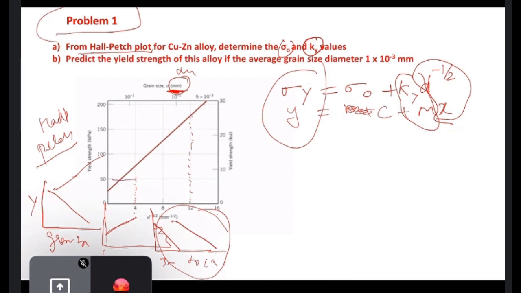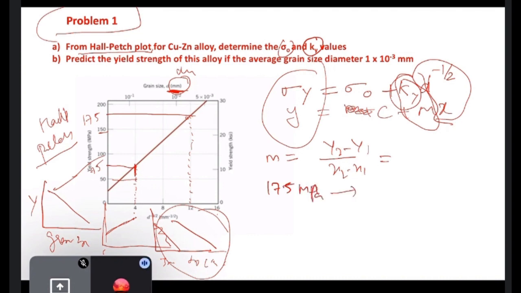Here it is cutting this point, and here it is cutting this point, somewhere between the middle of the two. So it's 50, then it can be 75, and if 150, then it can be 175. Are you following, students? We are finding the slope, and we have to find the constant over here. Then the slope will be y2 minus y1 over x2 minus x1. I have two values: for 175 megapascal I have grain size 12, and for 75 megapascal I have grain size 4. Putting these two values over here, tell me the answer.